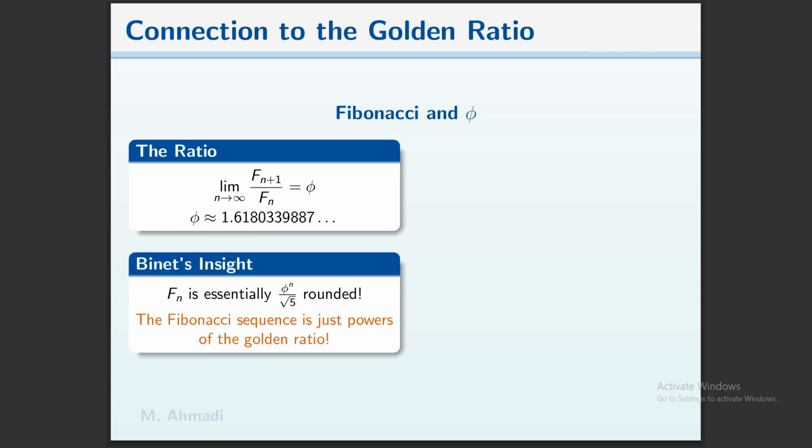Binet's insight: Fn is essentially phi to the n over square root of 5. The Fibonacci sequence is just powers of the golden ratio. So we know the relation of the golden ratio with the Fibonacci numbers.